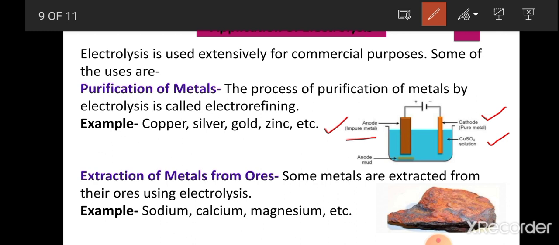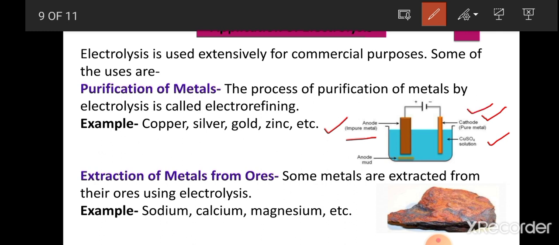So when electric current is passed, the anode dissolves in the electrolytic solution. Obviously we know that metals make positive ions, and the cathode is the negatively charged electrode.